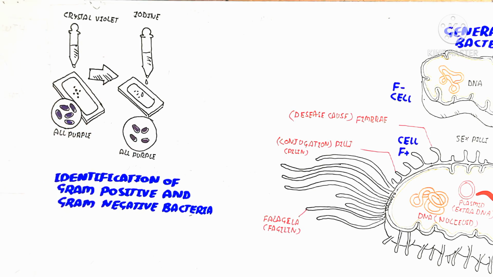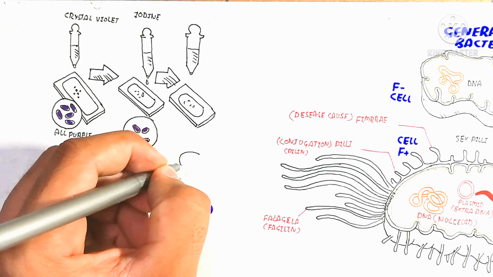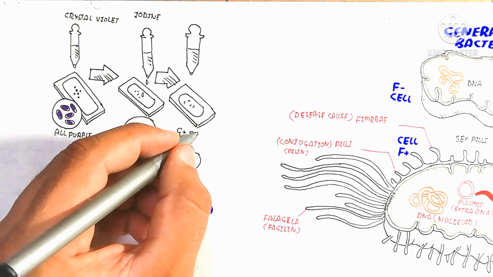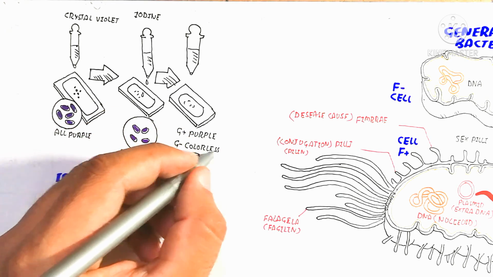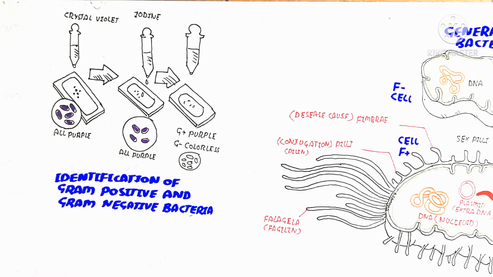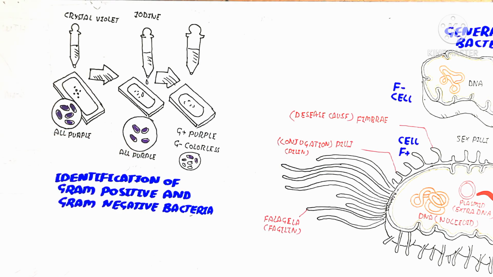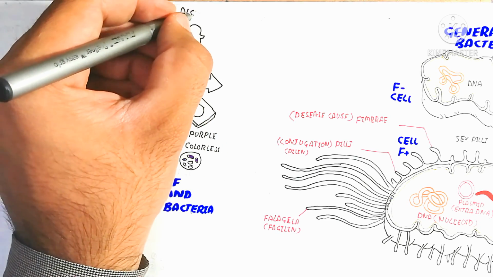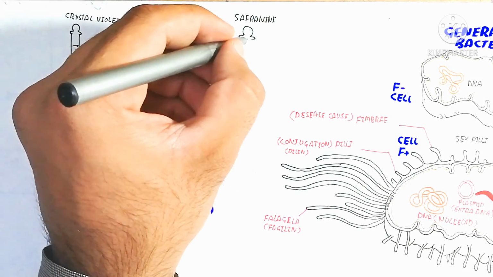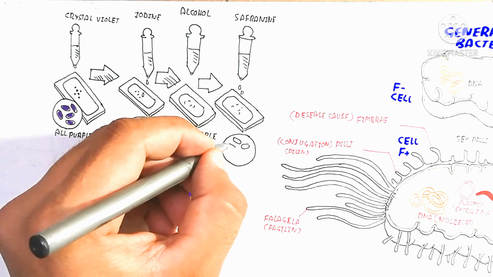Then we provide the iodine solution after washing, and both gram-positive and gram-negative bacteria show purple. After using alcohol, gram-positive remains purple, while gram-negative becomes colorless.